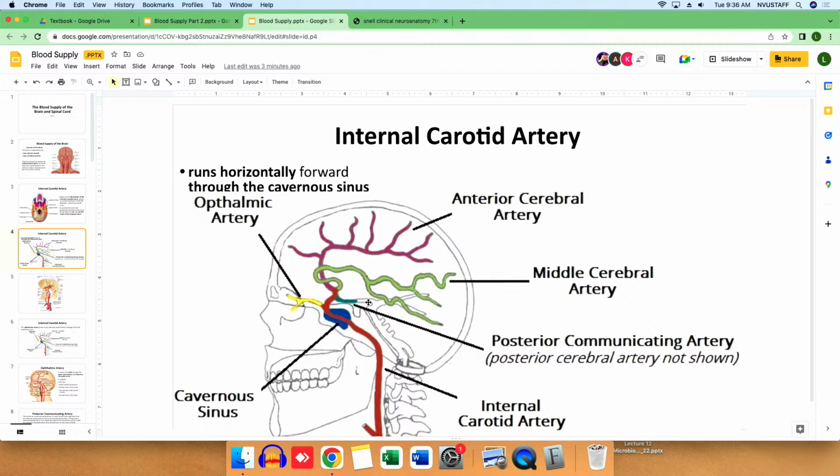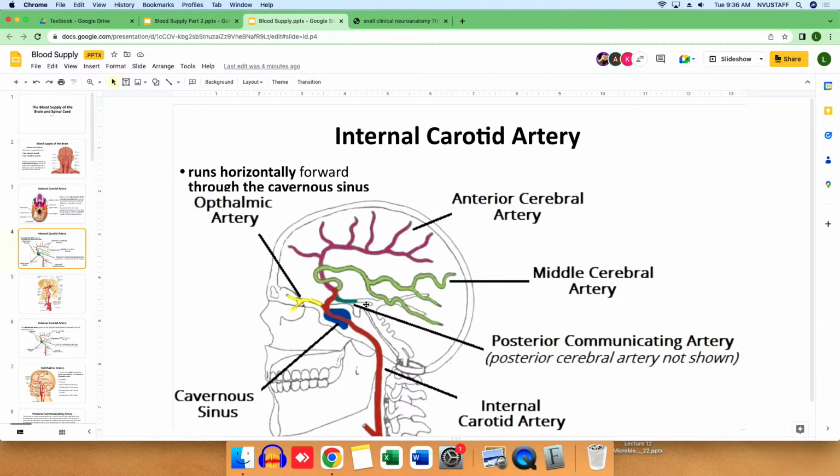And one more, which is known as the posterior communicating artery. The name itself is very interesting because saying communicating artery means that it has somewhere an anastomosis with other blood vessels, and that's true. So here is the point of communication between the branches of the internal carotid, and the second source, the branches of the vertebral arteries.